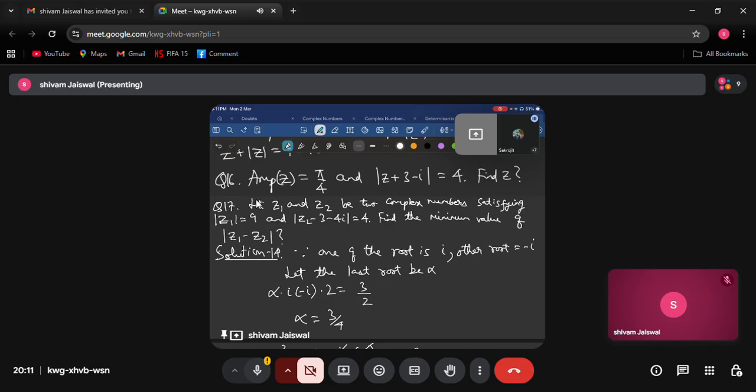Sir, I've sent you one possible diagram. There will be exactly one diagram. The condition is at the minimum value of. Diagram is not correct.